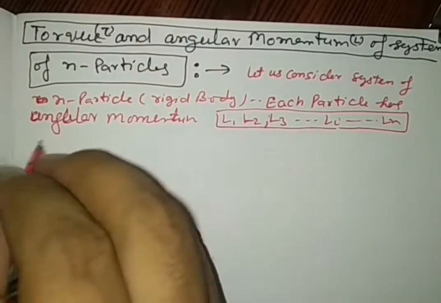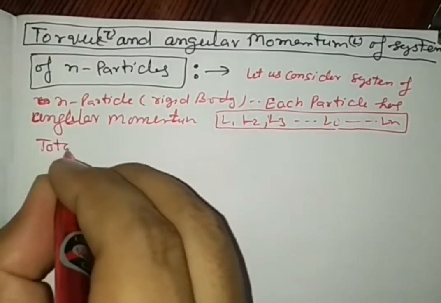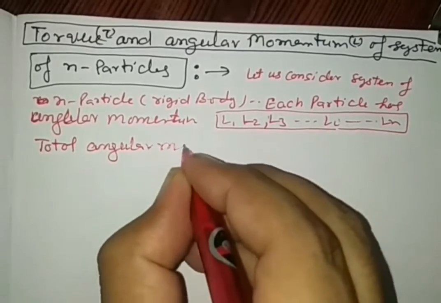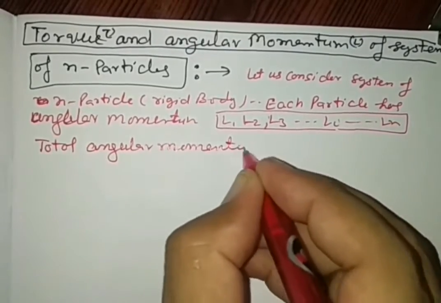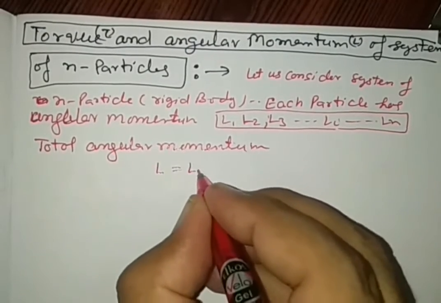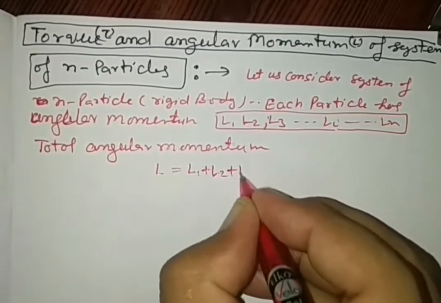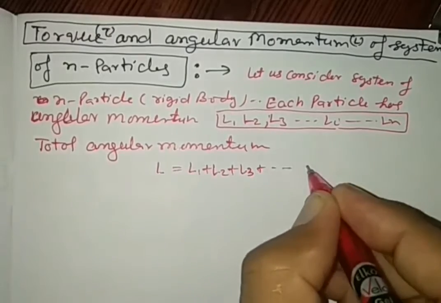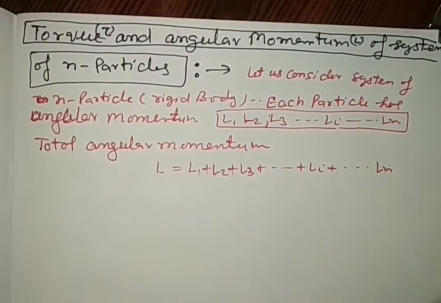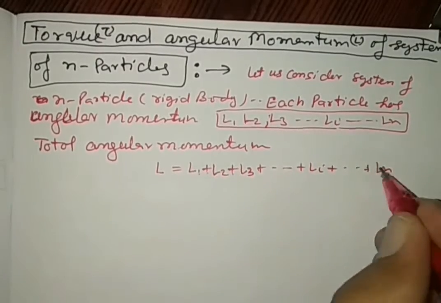In that condition, total angular momentum L can be written as L1 plus L2 plus L3 plus Li up to the last particle Ln, right?